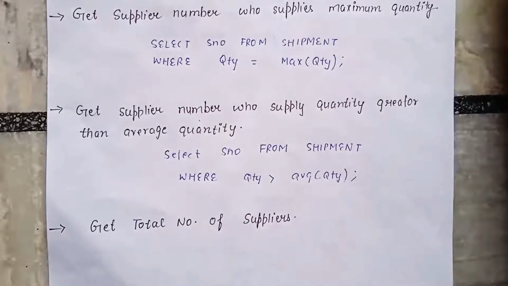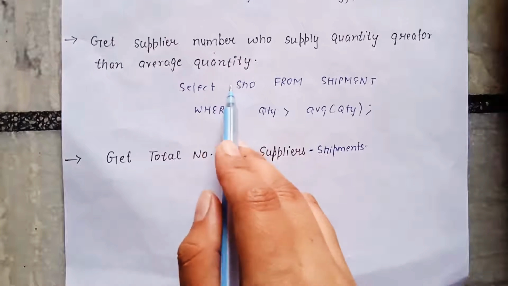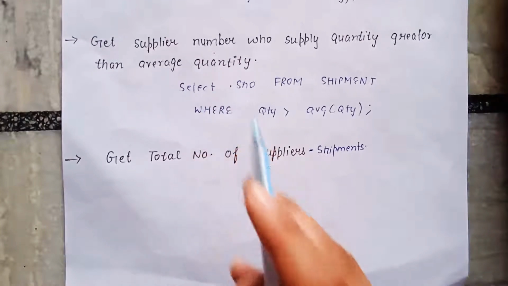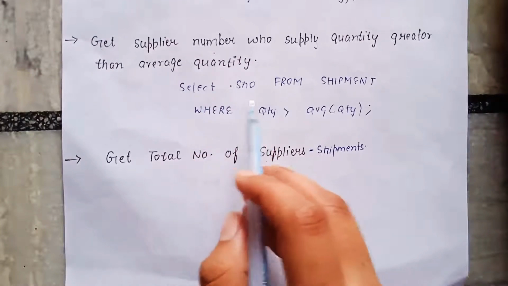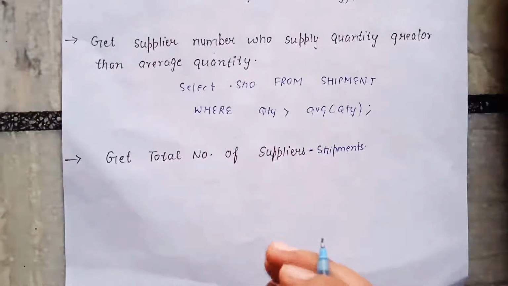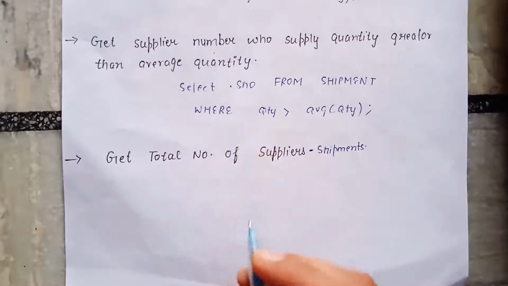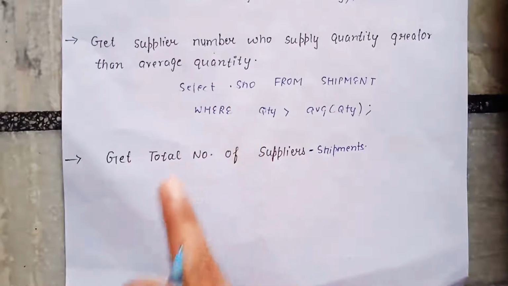So this is the next query. Here in this query we can also make use of distinct, that is select distinct S number, in case we want the S number not to repeat, because it may also happen that two suppliers may have the same name. So in that case we can make use of distinct. That means we do not want the names repeating.